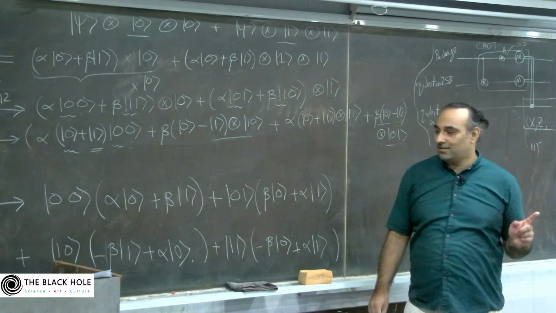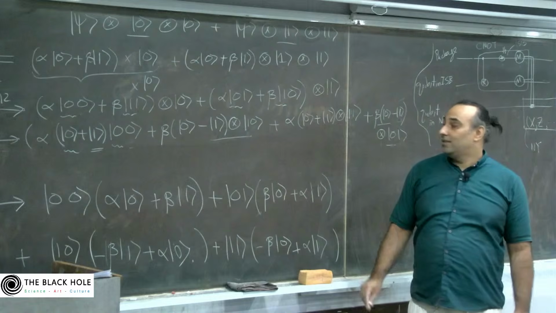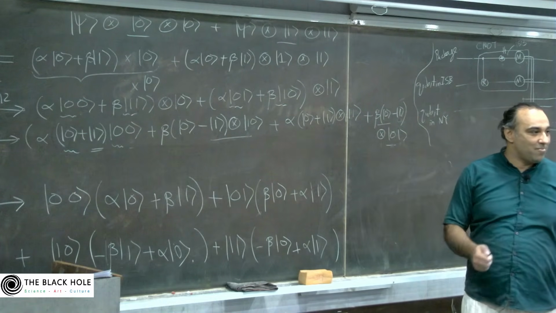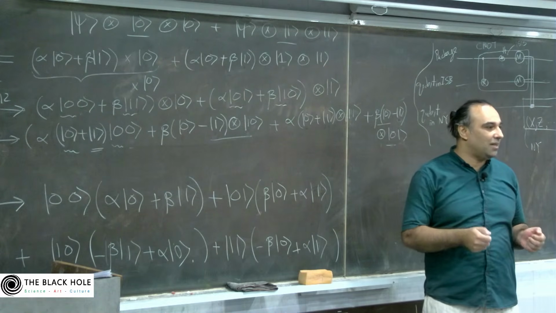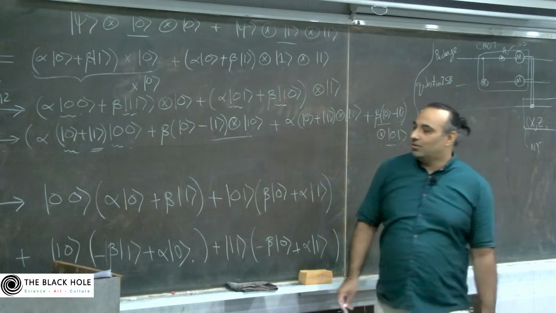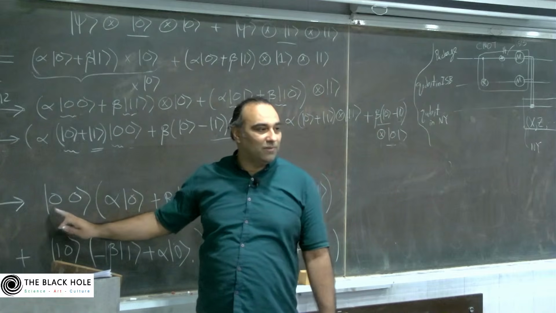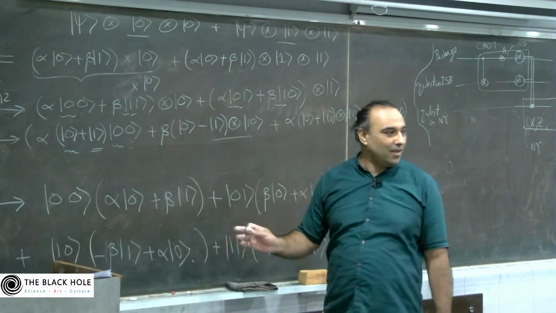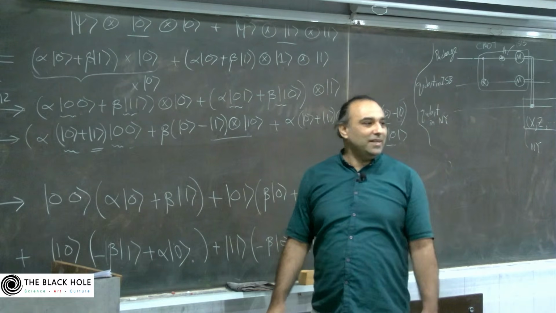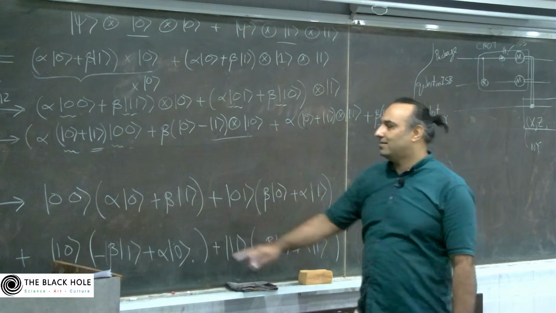Now you can clearly see that if the Islamabad office tries to measure the state of its qubits, they have the 2 qubits now. So if they measure the state of their qubits 1 and 2, they have these 4 possibilities. Suppose they perform measurement and they get 0 0.